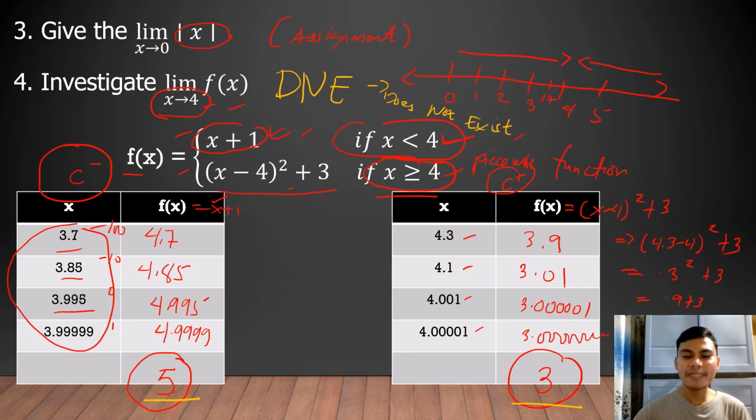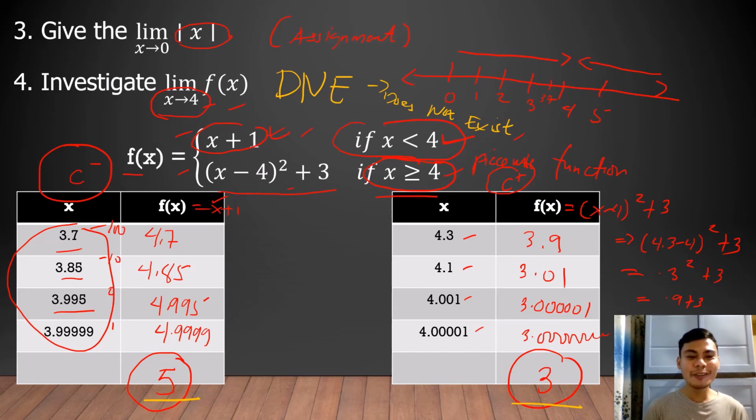And the authors emphasize sa main reference natin dito to not use the equal sign because DNE is not a value. DNE is not a value. So when we have this one, diretso na lang na DNE. The limit does not exist. Okay? Ganyan lang talaga ka-basic when we use table of values.